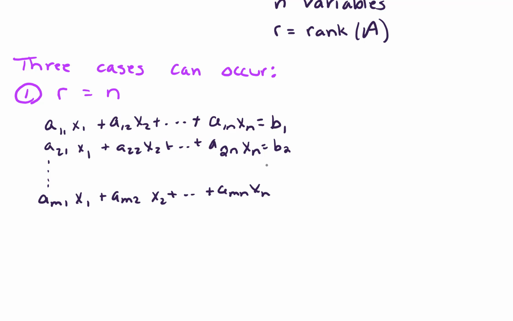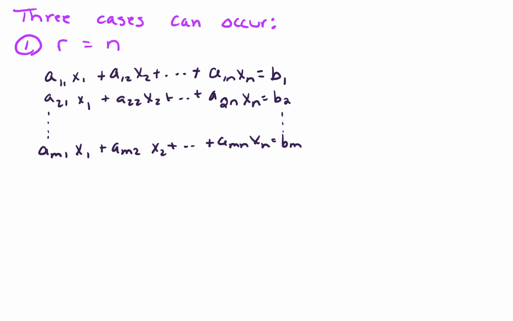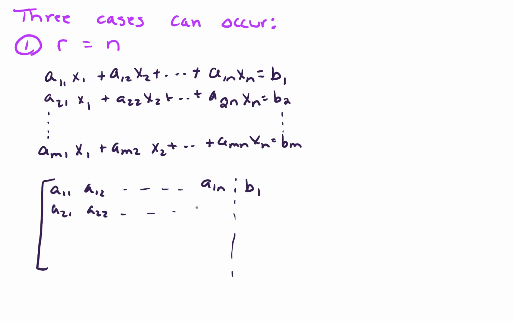And so what this turns into is an augmented matrix that looks like a1,1 and a1,2, etc. And then we have our constants down this other column, and a2,1 and a2,2, etc. Down to our last row, which is the mth row. Oops, it should be a sub mn.